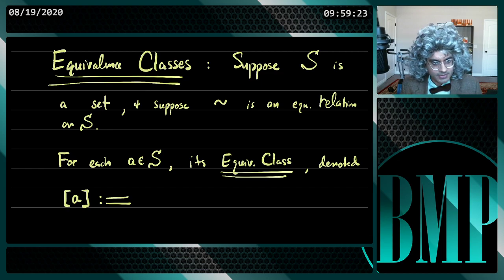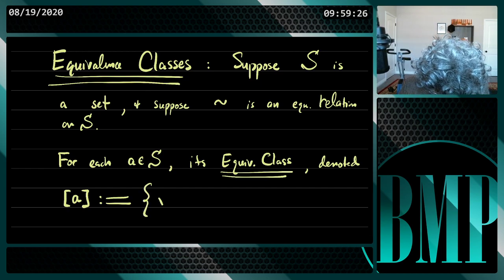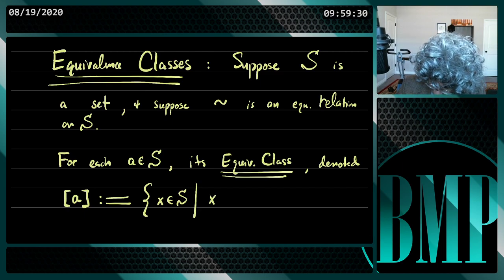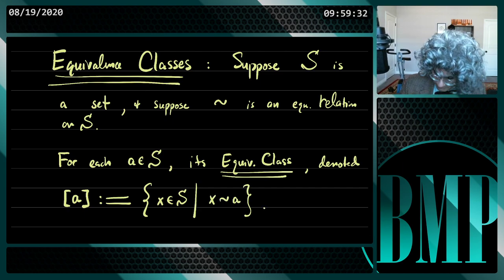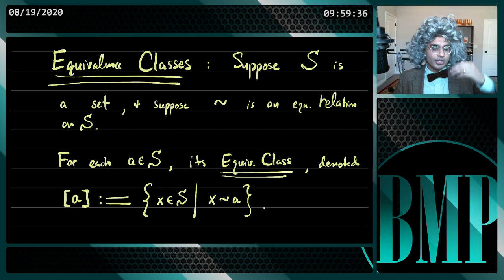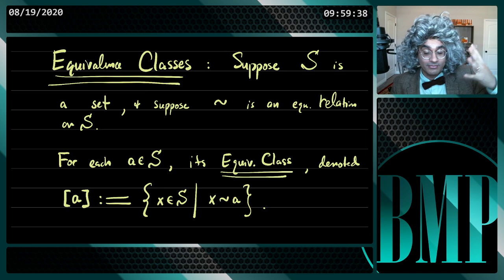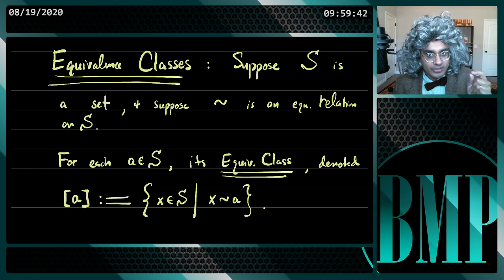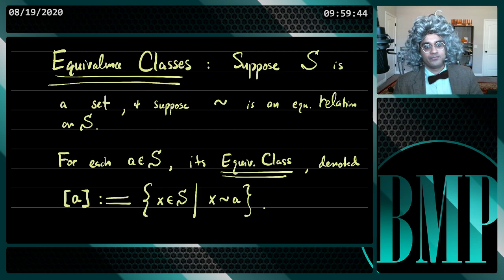By definition, it's the set of all elements in the set S such that X is related to A. X is equivalent to A. So it's the set of all things in the world that are equivalent to you, A. Right?